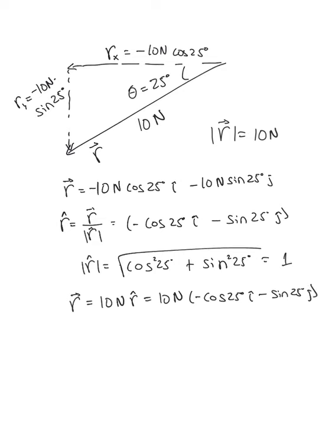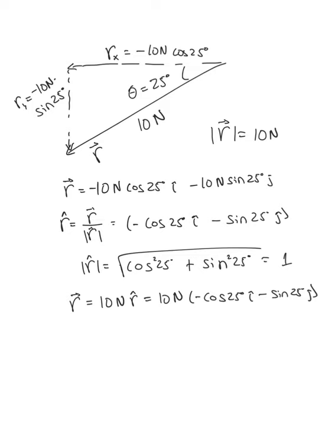Now, this is very useful because in this class in particular, we are going to want to investigate systems where we have a vector that points in a specific direction, and we want to be able to write other vectors that point in that exact direction. So being able to pull out the r hat, the unit vector with only direction information, is going to be very useful for us as we move into the electric force.